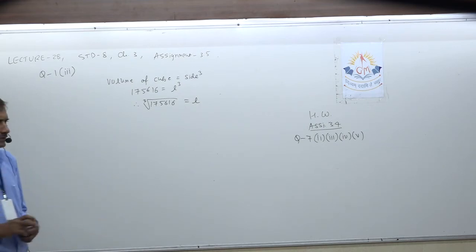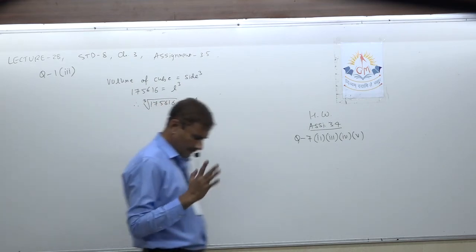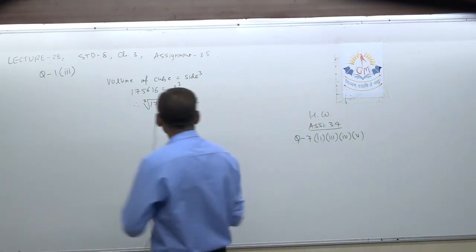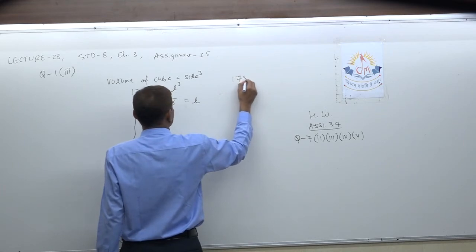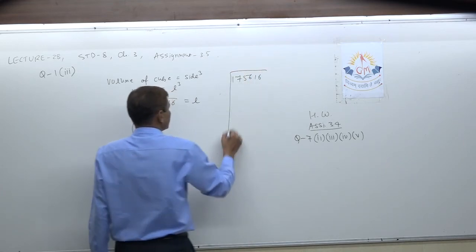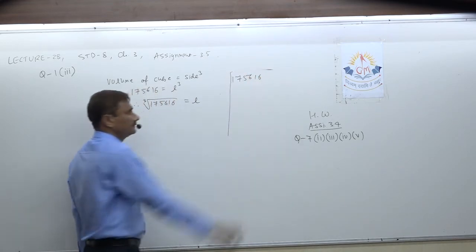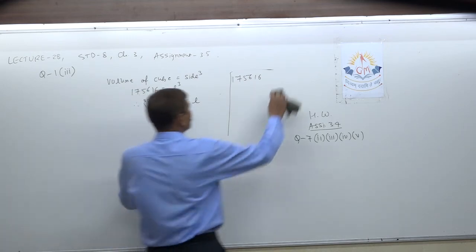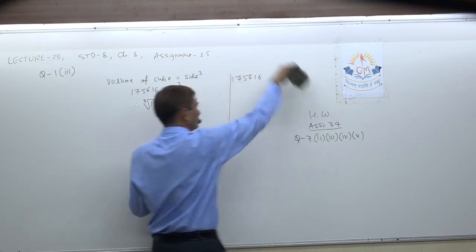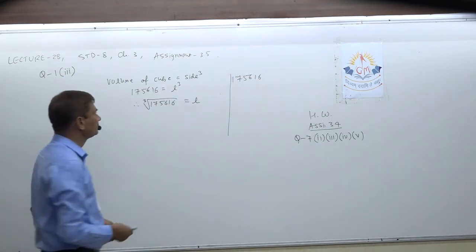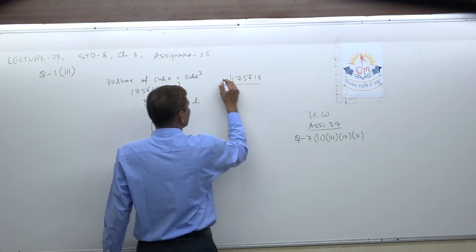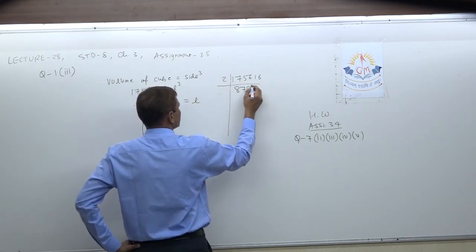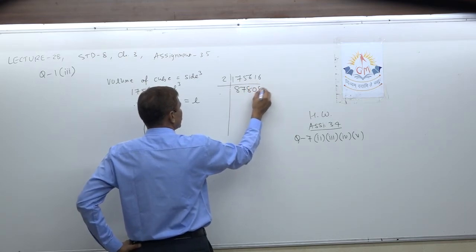Okay, so now there is only one method we have for finding the cube root, and that is prime factorization. So let's start. 175616, this is the given number. 2 8s are 16, 2 7s are 14, 2 8s are 16, 8.